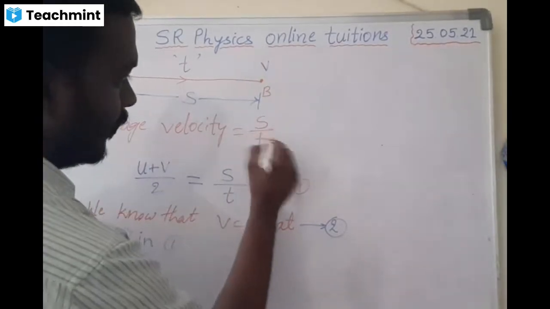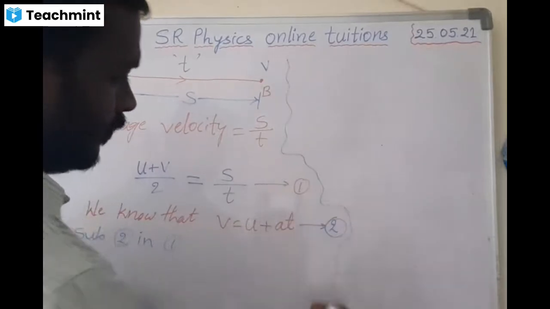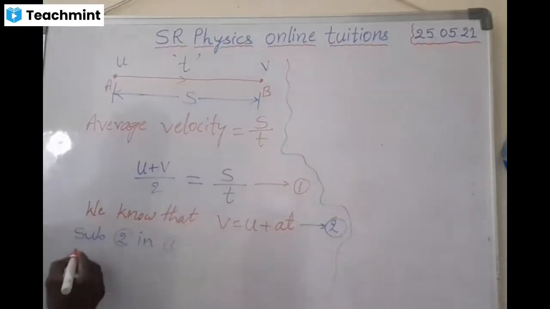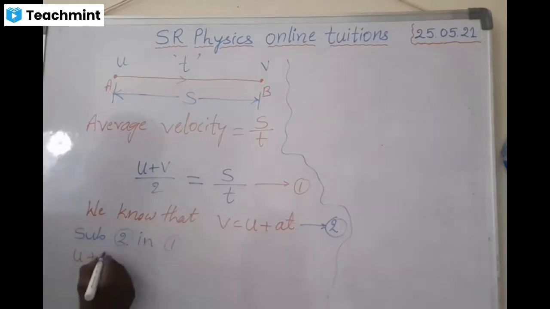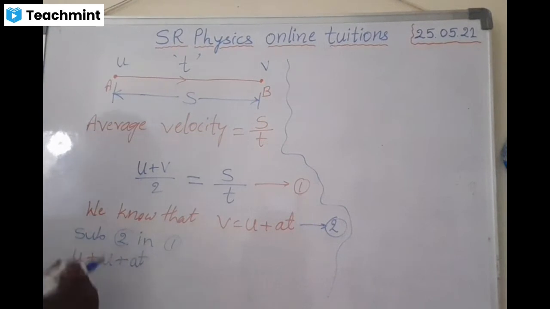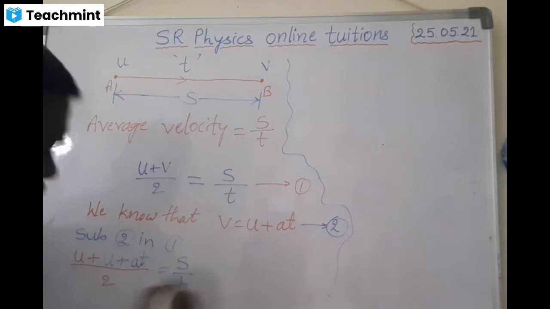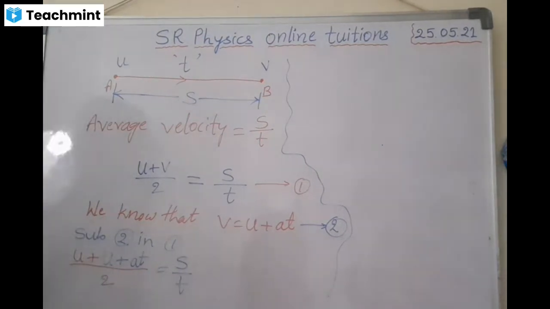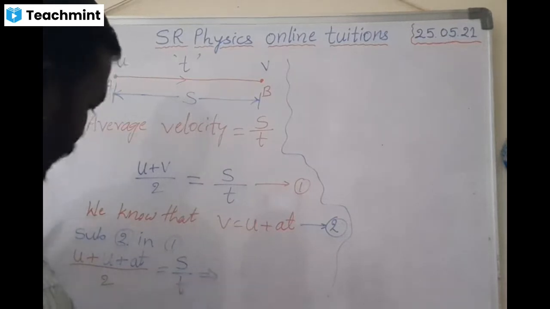S by T. Now U plus, in place of V, I'm taking it as U plus AT by 2 is equal to S by T. In the next step, what can we take out here?